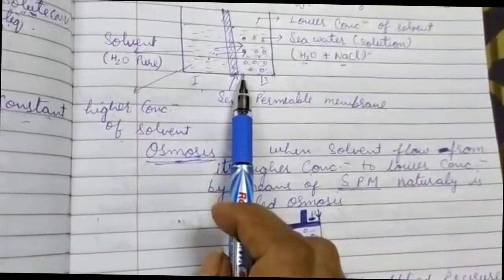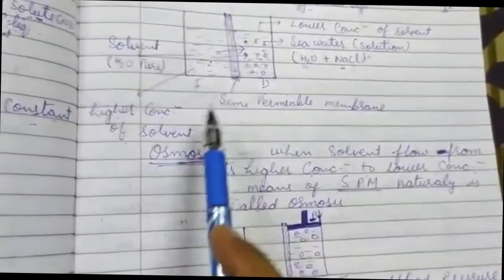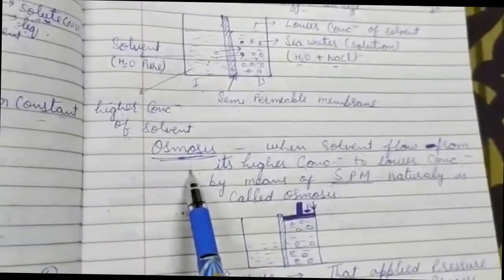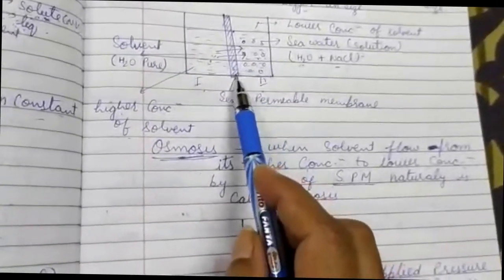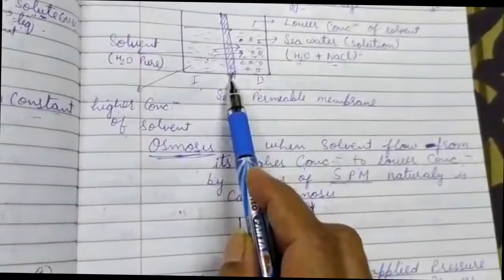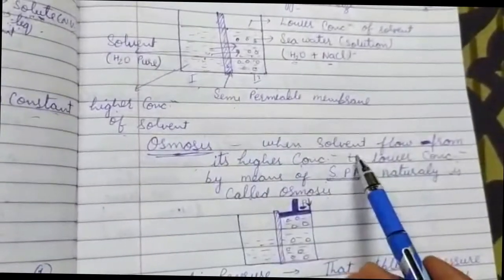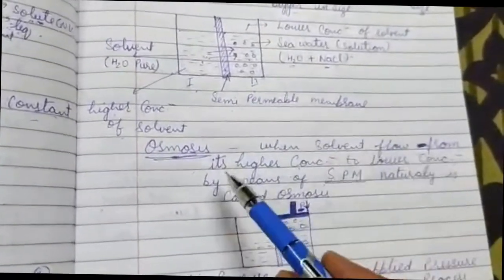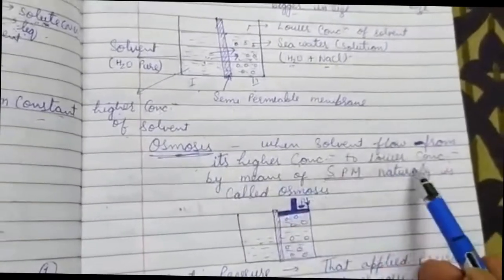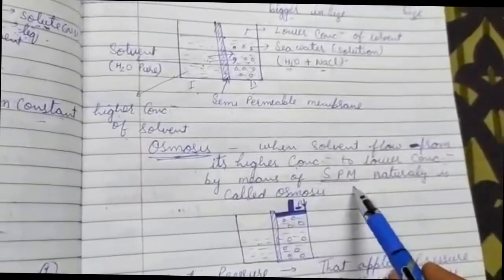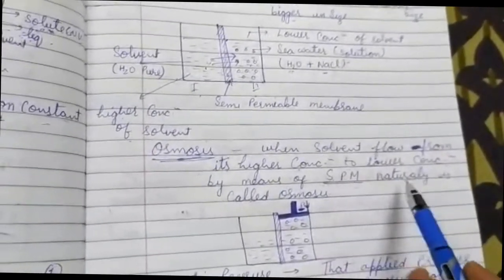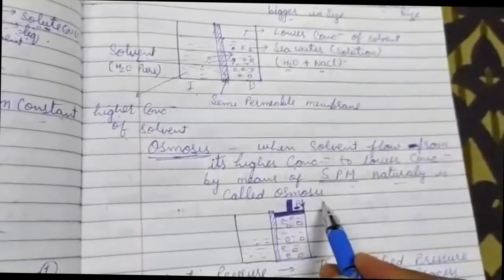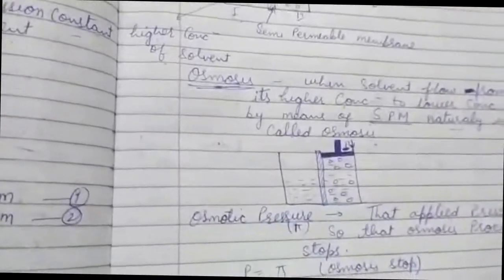But in osmosis, a semi-permeable membrane is used. So, the solvent particles flow from their higher concentration to the lower concentration by means of the SPM, semi-permeable membrane, naturally, then it is known as osmosis.